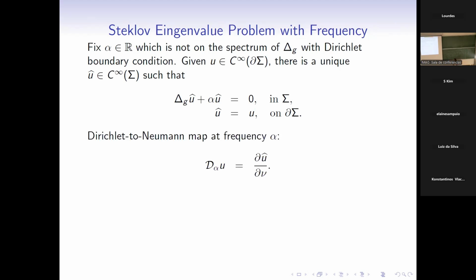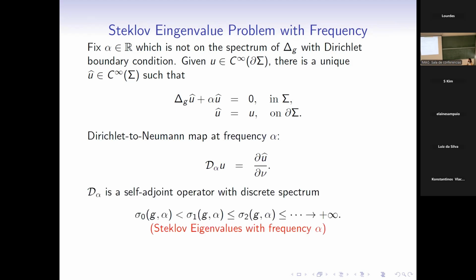So you can define your Dirichlet to Neumann map with frequency alpha, the alpha that shows up here, exactly as we define here, but instead of picking the harmonic extension, we pick the extension that satisfies this. So you give a function u on the boundary of your surface, the Dirichlet to Neumann map at frequency alpha gives you back the normal derivative of its unique extension, satisfying this, okay?